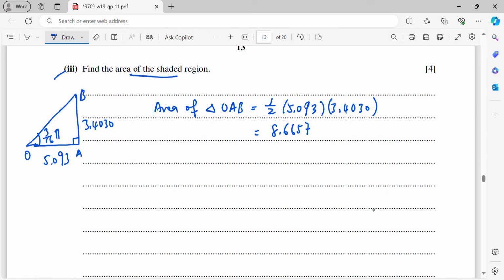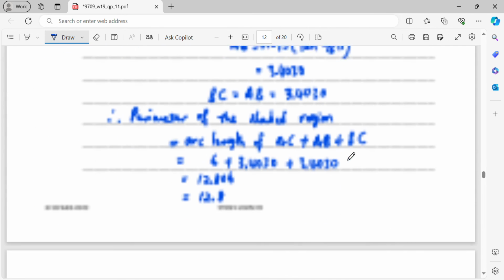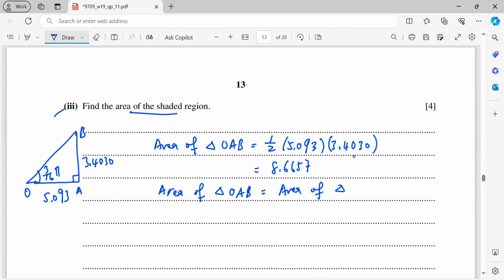Okay, so then area of triangle OAB equals area of triangle OBC. That is same value.